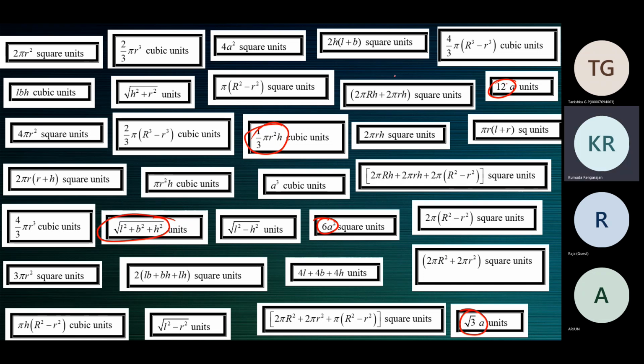And what is this one? What is 2 pi RH plus 2 pi RH? When somebody's mic is enabled, please disable your mic.